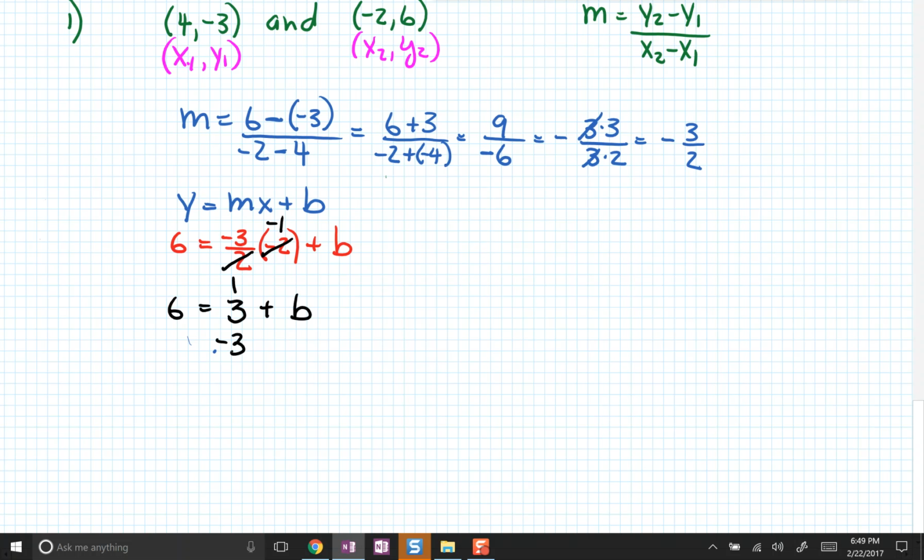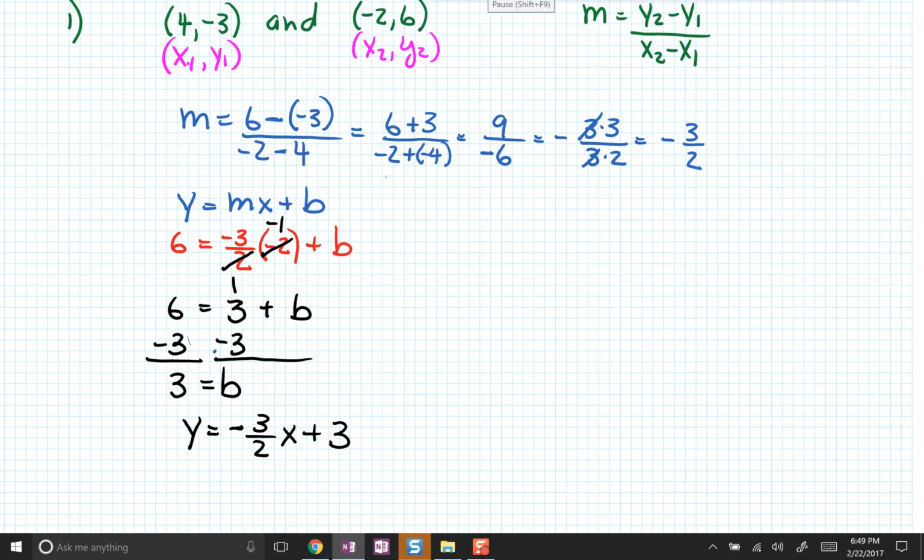So now we're going to subtract 3 from both sides. 6 minus 3 is 3, so b is equal to 3. The equation then becomes y equals negative 3 halves x plus 3.